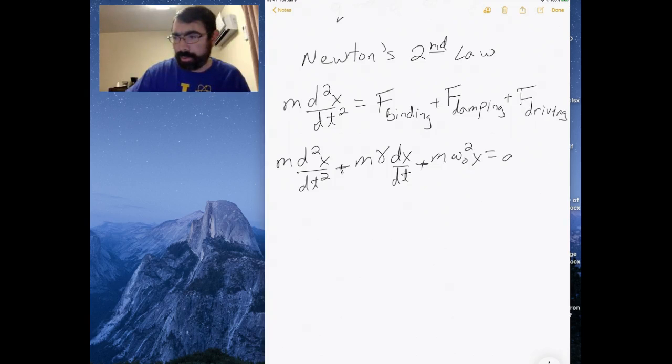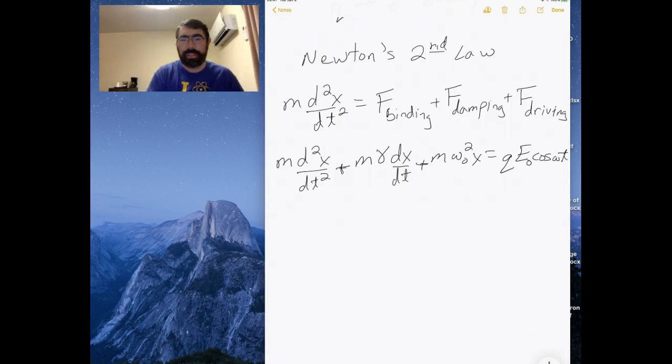And all of that's equal to the driving force. Like so. And lo and behold, we have a second order differential equation with a first order term, which, you know, is kind of a nasty differential equation, but it's not like it hasn't been solved before.